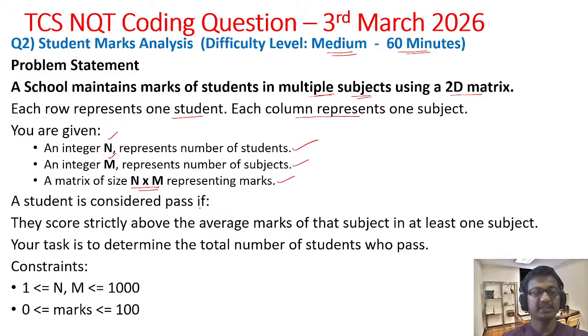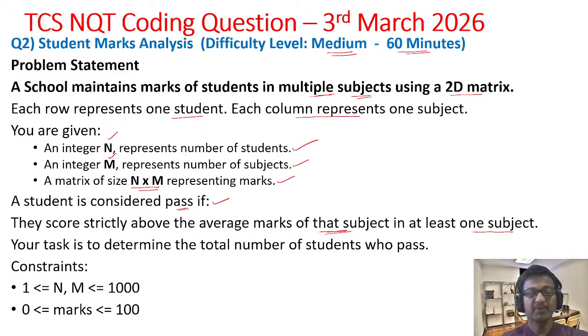A student is considered pass if they score strictly above the average marks of that subject in at least one subject. So a particular subject's average marks will be there.